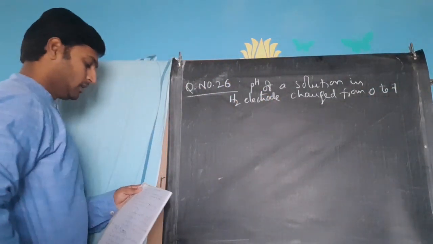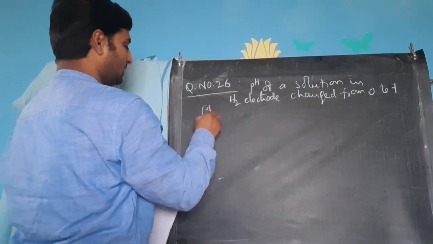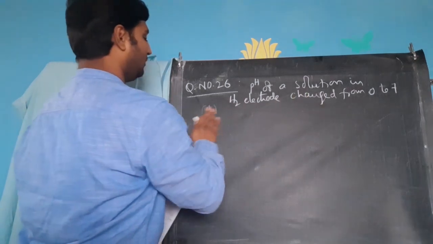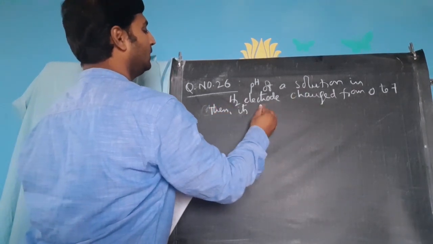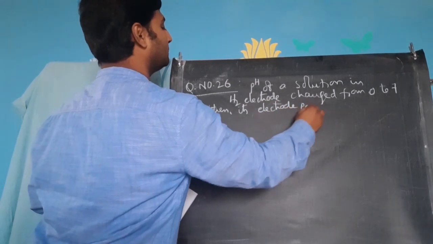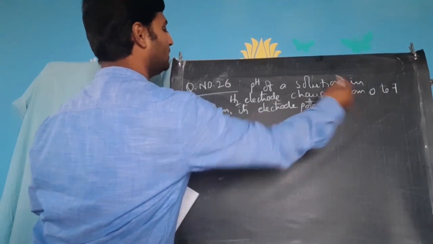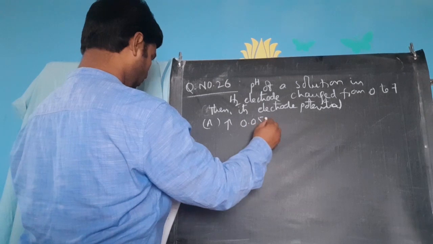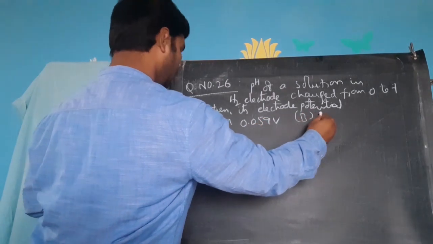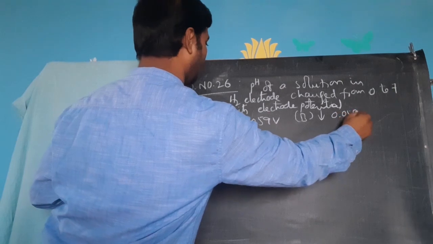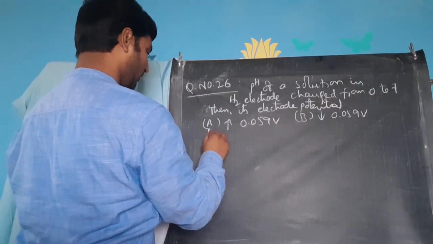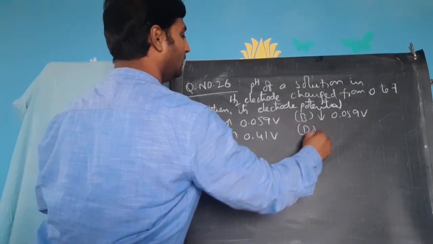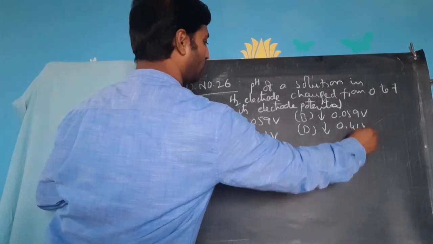The question asked is what happens to its electrode potential: increases by 0.059 volts is the first option, decreases by 0.059 volts is the second option, increases by 0.41 volts is the third option, decreases by 0.41 volts is the fourth option.